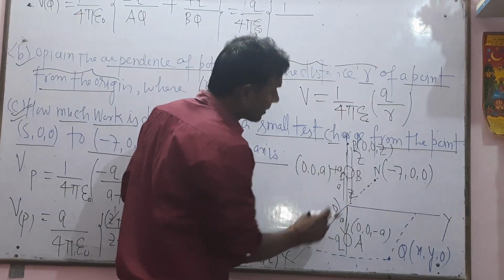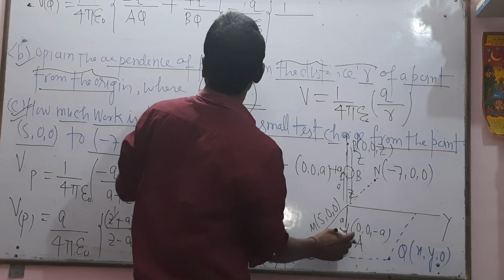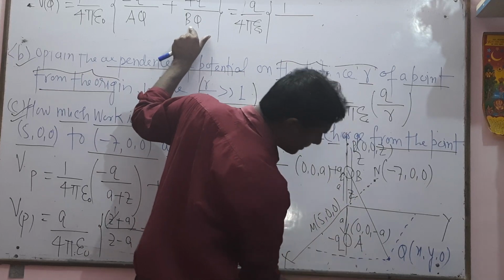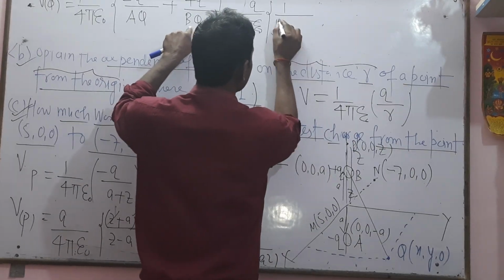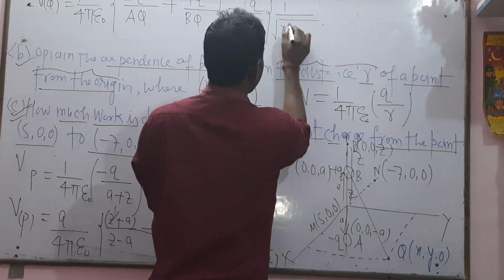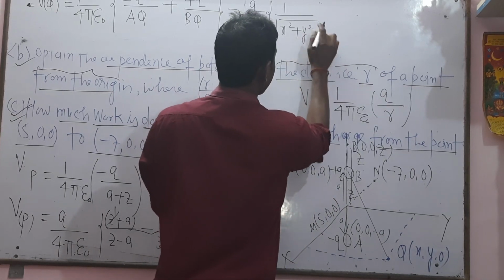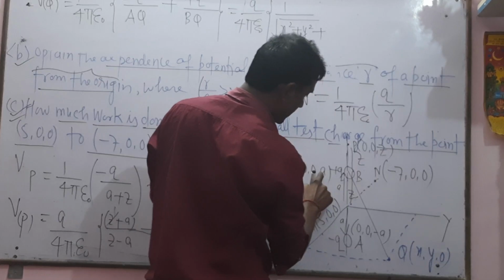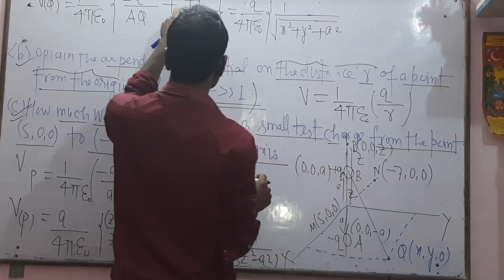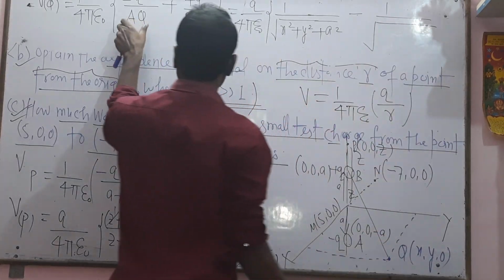So BQ equals root of x minus 0 whole square, that is x squared, plus y minus 0 whole square, that is y squared, plus 0 minus a whole square, that is a squared.